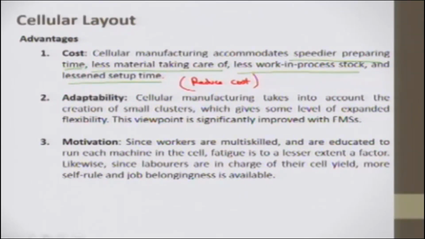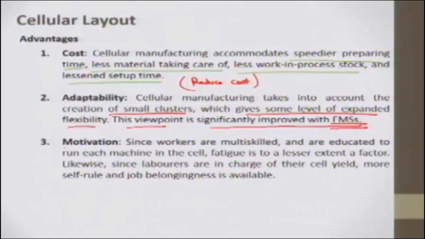Then next is adaptability, or flexibility, I would say. Cellular manufacturing system takes into account the creation of small clusters or small groups, which gives some level of expanded flexibility. This viewpoint is significantly improved with FMS, flexible manufacturing system.